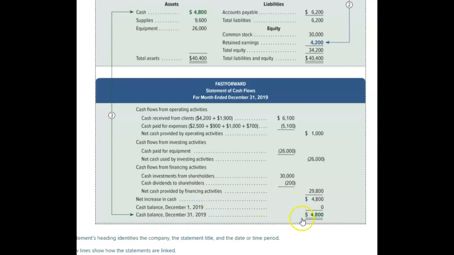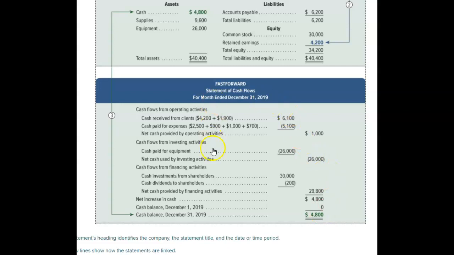In the calculation section, the net increase to cash as a result of its operating, investing, and financing activities is added to the beginning balance of cash to calculate the ending balance in cash.